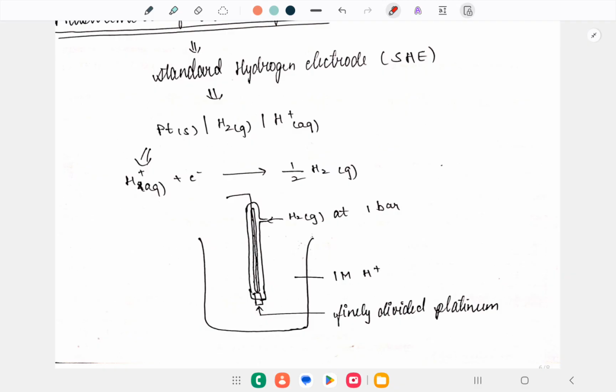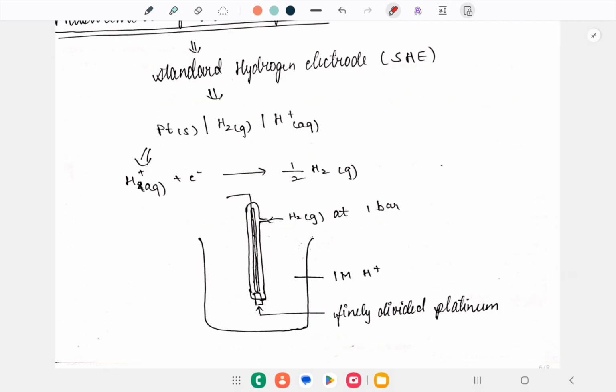half cell. So we can measure the EMF by combining this standard hydrogen electrode as the anode with another half cell as the cathode, resulting in the standard reduction potential of the other half cell, that is the cathode.